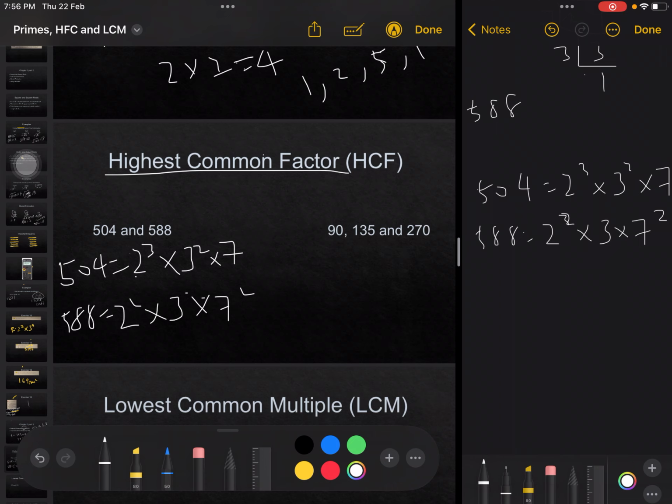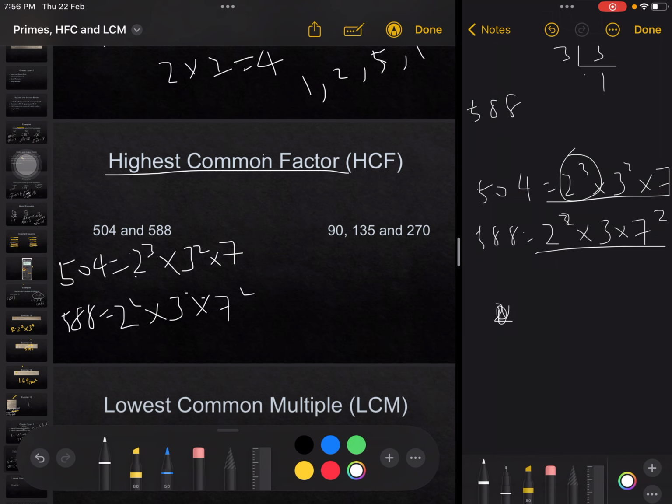Which power is bigger? 2 to the power 3, correct? So for factors, we need to find the common factor that appears in these two prime factorizations. In these two, we have 2 to the power 3 and 2 to the power 2.